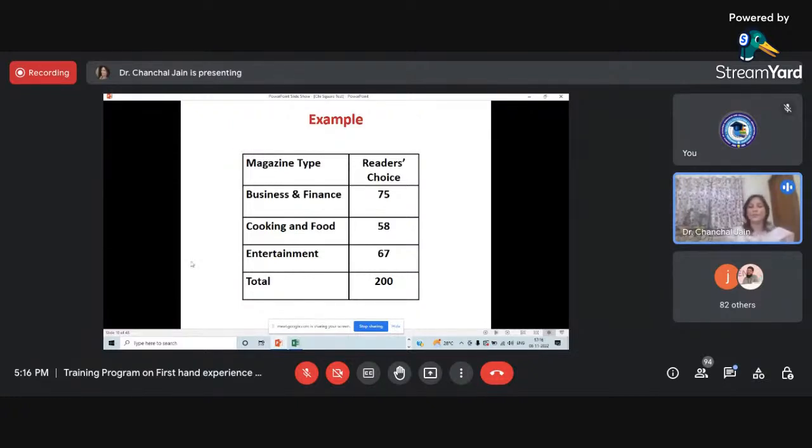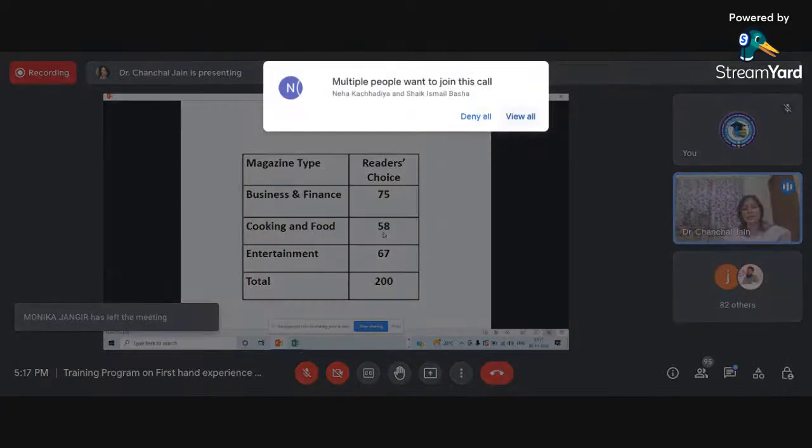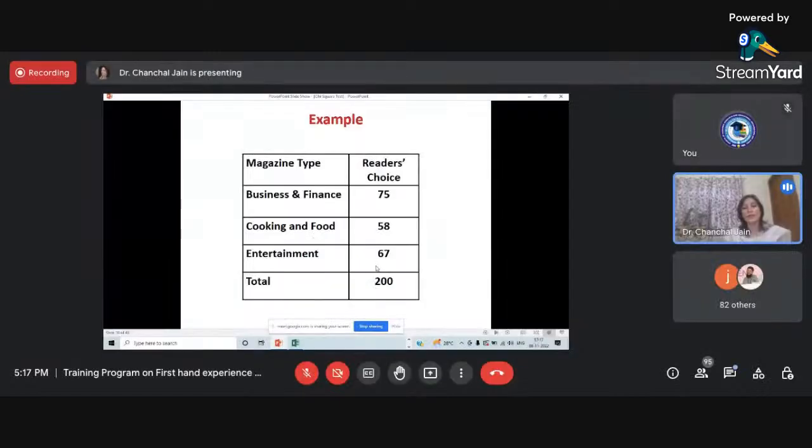We have, suppose, business and finance magazine, cooking and food magazine, and entertainment magazine. 75 of the readers are interested to read business and finance, 58 readers are interested to read cooking and food magazine, and 67 readers are interested to read entertainment magazine. So we have a total of 200 readers, and we have classified these readers on the basis of their magazine type.